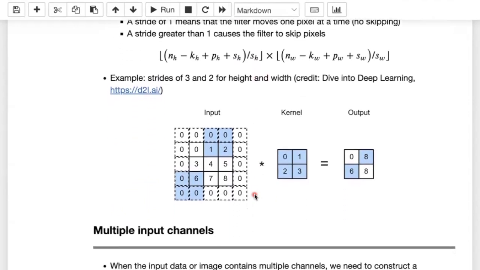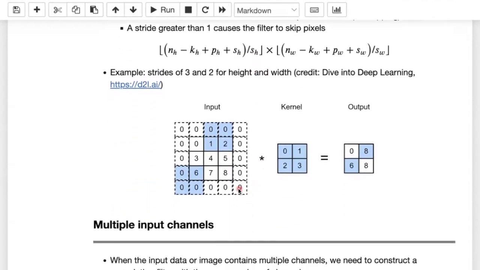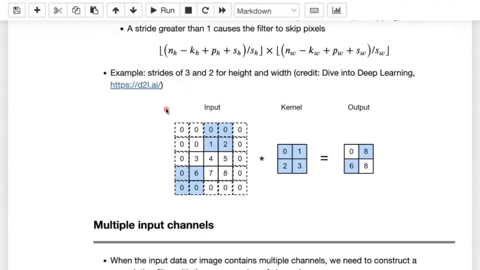And here you can see an example of a case where we have this padding, and also we have a stride of 3 and 2 for height and width. So a stride doesn't have to be the same across both. You can see that in terms of height, which is this vertical direction here, we are using a stride of 3, which means that first we are here, and then we would be here if we moved by 2.